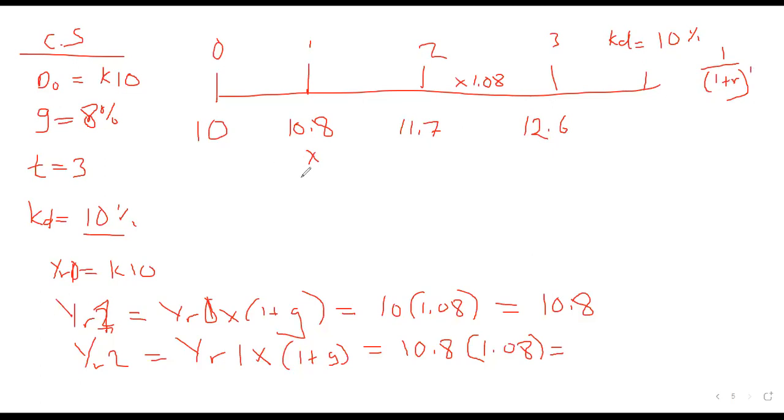So this one is multiplied by 1 over 1.10 to the power 1, this one by 1 over 1.10 to the power 2, and this one by 1 over 1.10 to the power 3. What are you getting? The first one is to the power 1, yes, thank you.